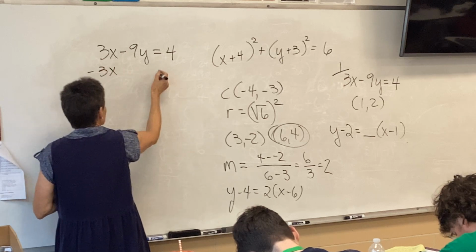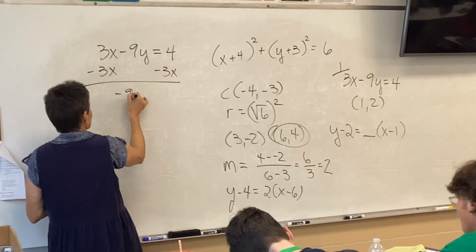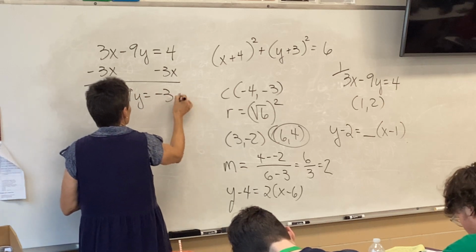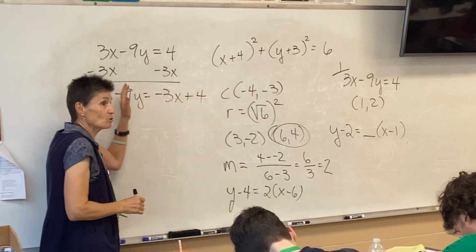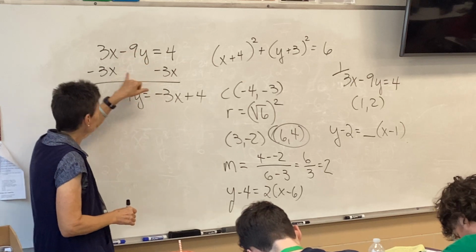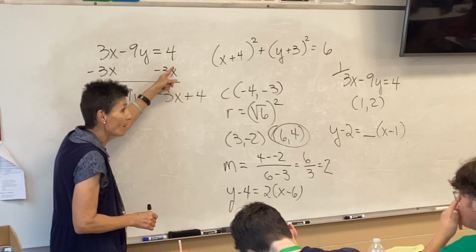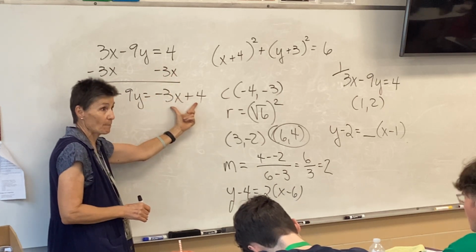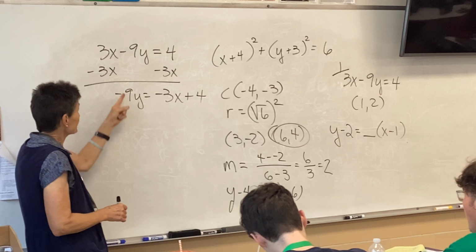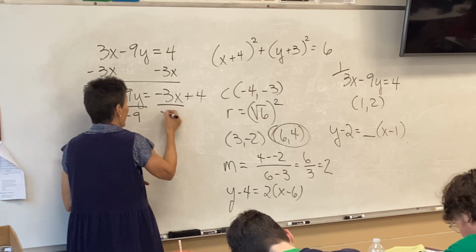I'm gonna get y by itself by moving the x's. Now, this arithmetic can bother some of you. You're subtracting the 3x over to the other side. These do not combine, so I have to write them separately. This is still a negative 9, so I'm gonna divide by negative 9.